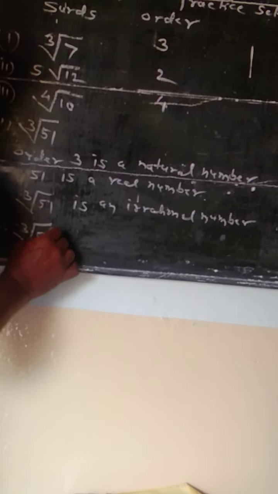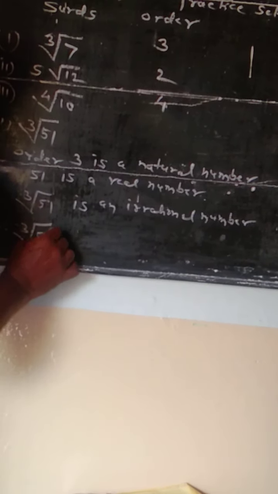Fourth root 16 is equal to 2. 2 is not an irrational number. Therefore, fourth root 16 is not a surd.